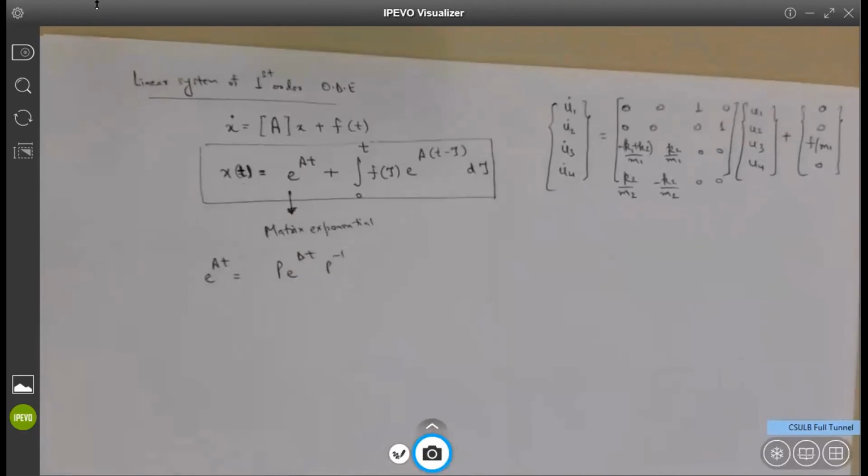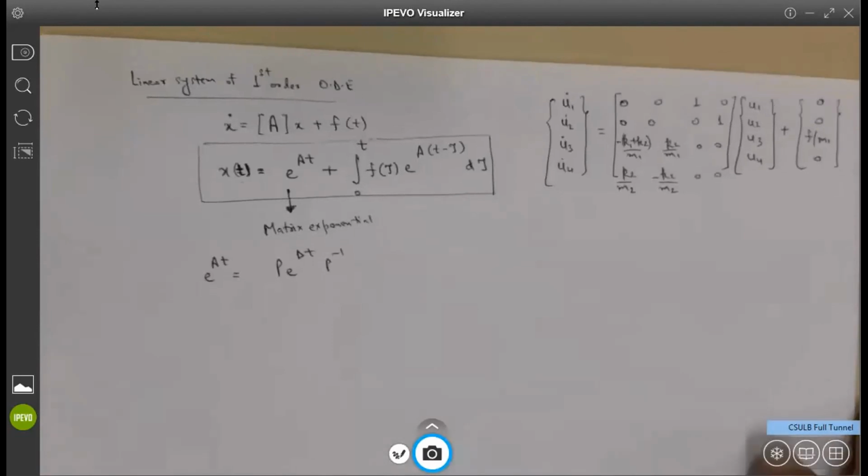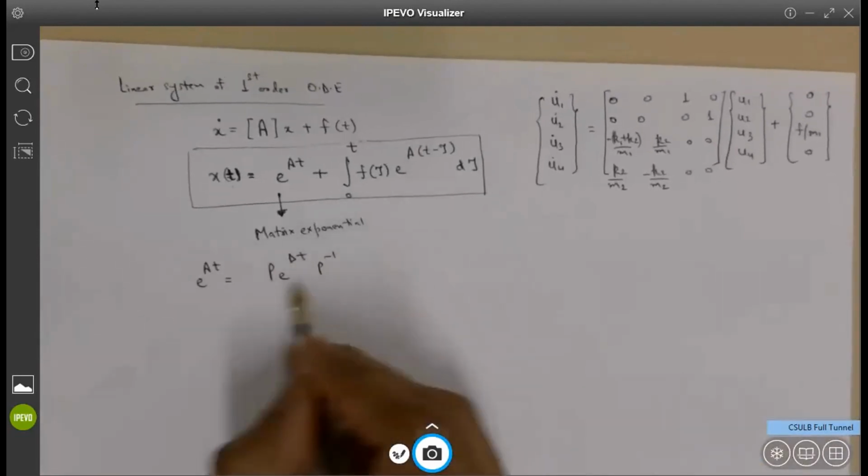Let me reconfirm I'm writing the correct expression for the matrix exponential. Yeah, okay, I was just confirming from the textbook whether this expression is correct.